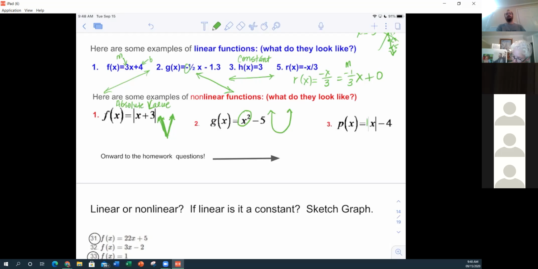Here we have another absolute value function, and again, it looks like a V. There are many other nonlinear functions that we will get into later. For now, the absolute value function you should recognize is a V, and quadratic functions always look like a U of some sort.